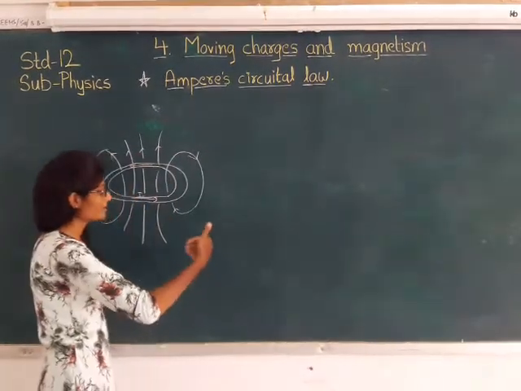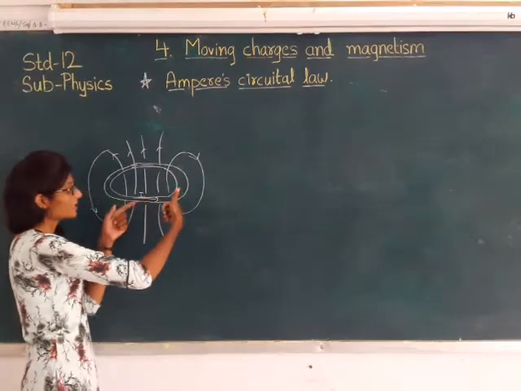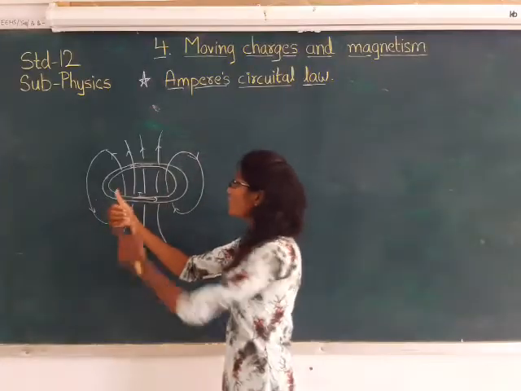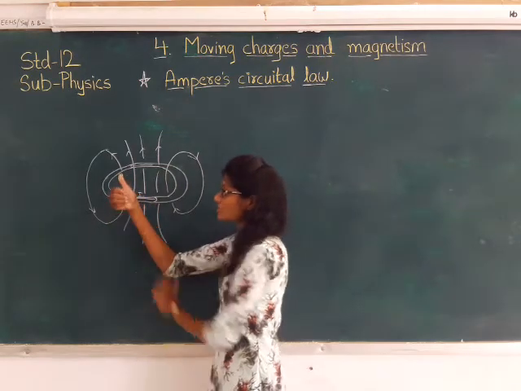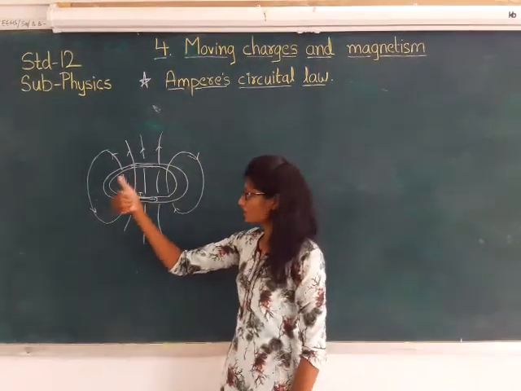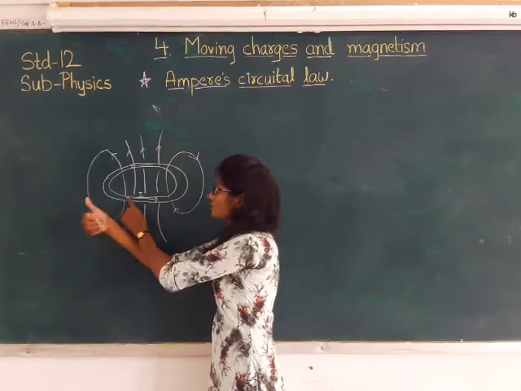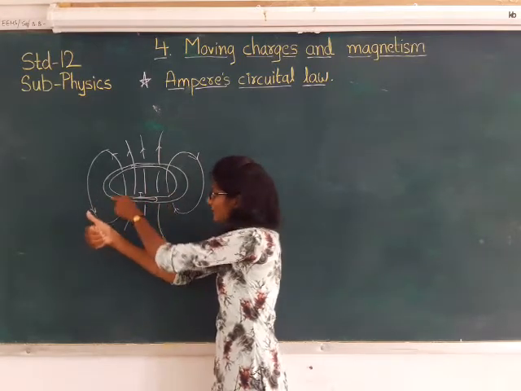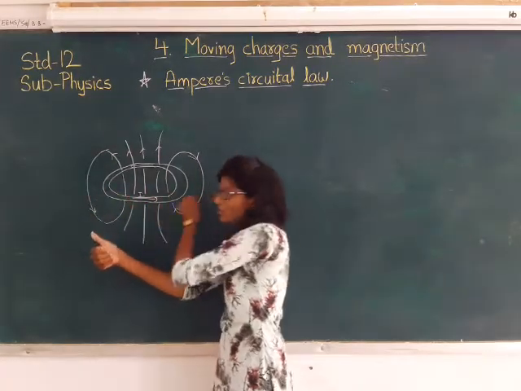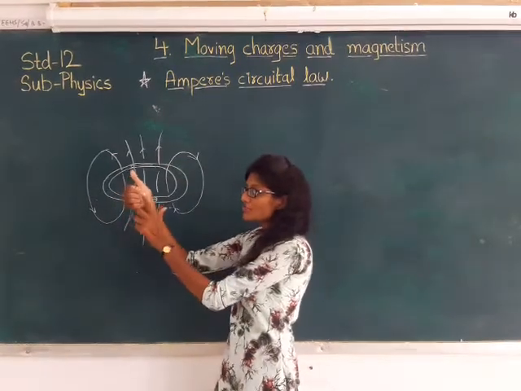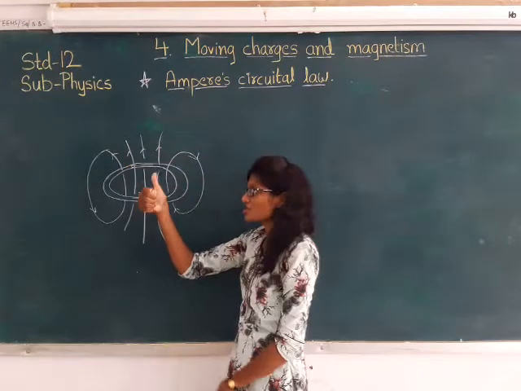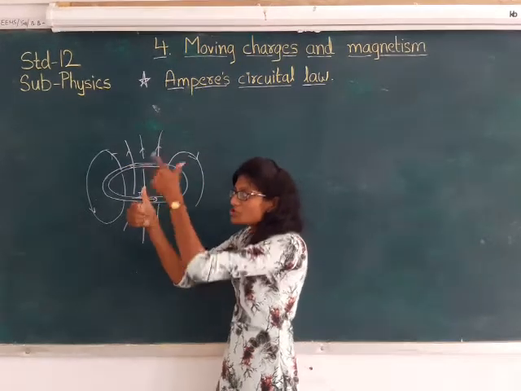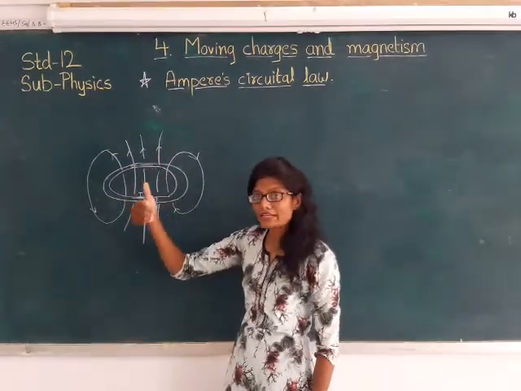Taking the right hand, curl the palm, pointing the fingers towards the direction of the current. The current is passing in the anti-clockwise direction, so I curl the fingers in that direction. Then the thumb shows the direction of the magnetic field.